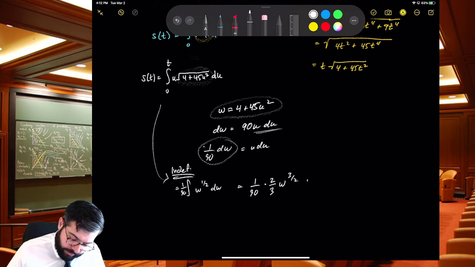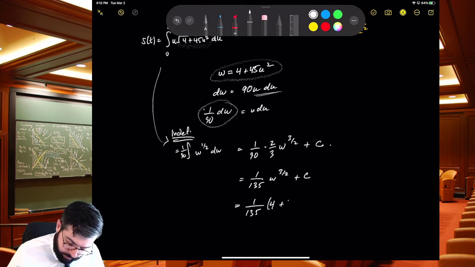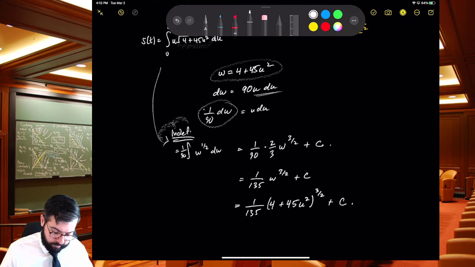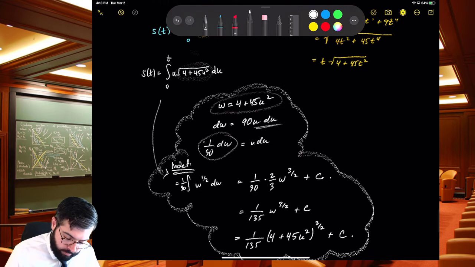So what do we get? We get this all plus c. So 2 over 45, 3 times 45 is 135. W to the 3/2. And then if we go back to what w is in terms of u, this is just some side work to help us finish off this integral.